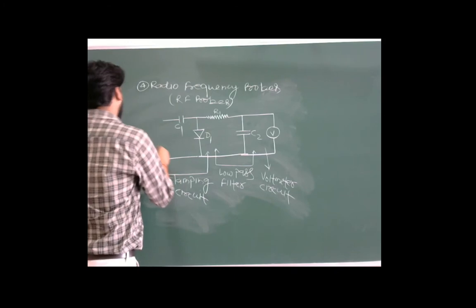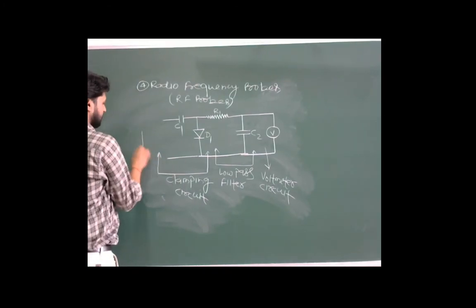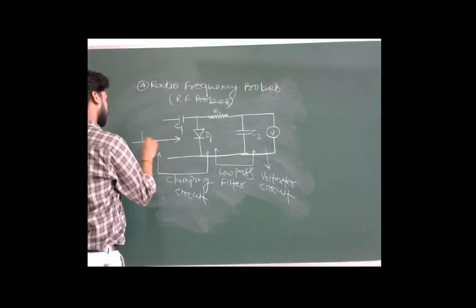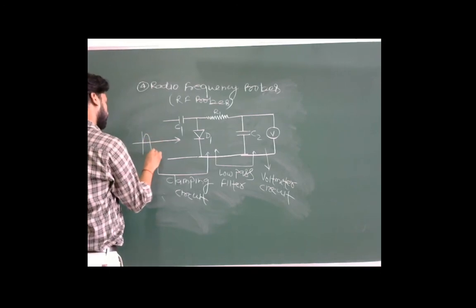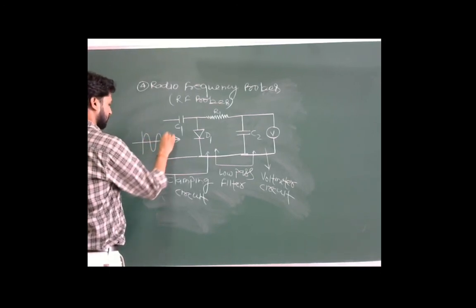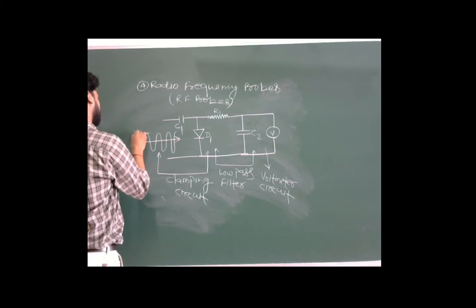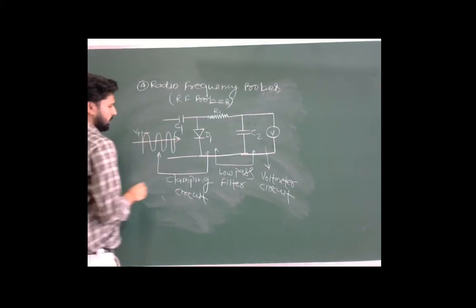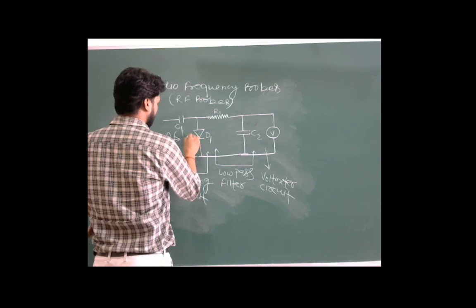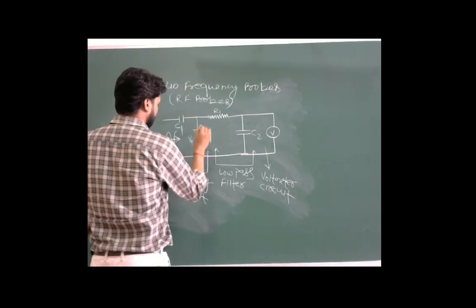Suppose the applied input voltage is something like this. We have a peak Vp, and the diode has a forward voltage drop, suppose Vf.